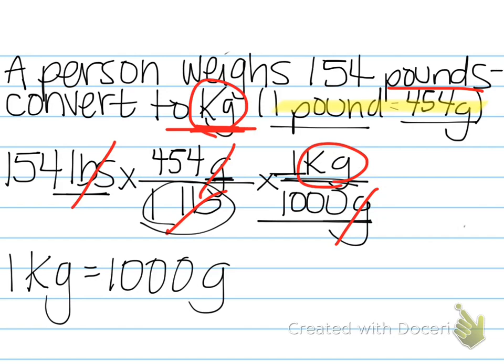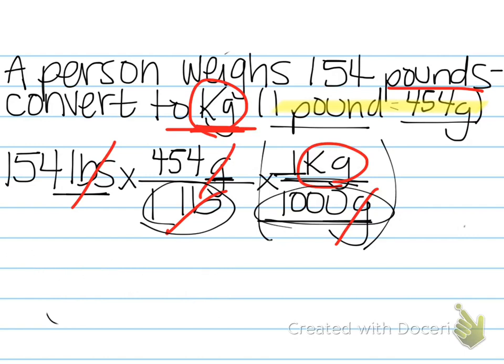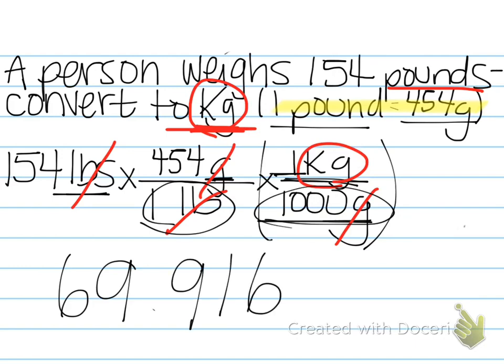That leaves it the same because we're here now. And then we're going to divide by 1,000 because that is on the bottom. And we should get 69.916 units are kilograms.